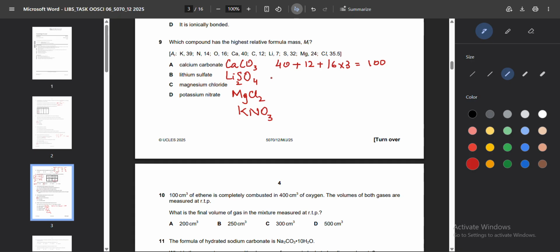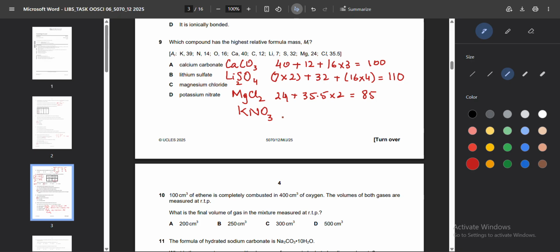For lithium sulfate, it is 7 multiplied by 2 plus for sulfur is 32 plus oxygen is again 16 multiplied by 4. So its answer is 110. Magnesium chloride, magnesium is 24 plus chlorine is 35.5 multiplied by 2, and its answer is 85.